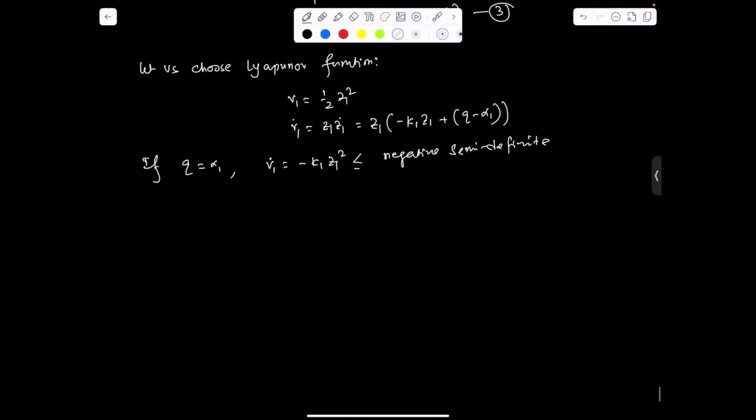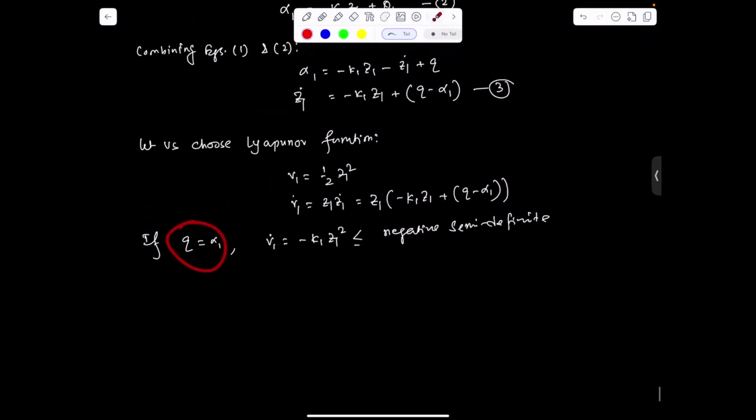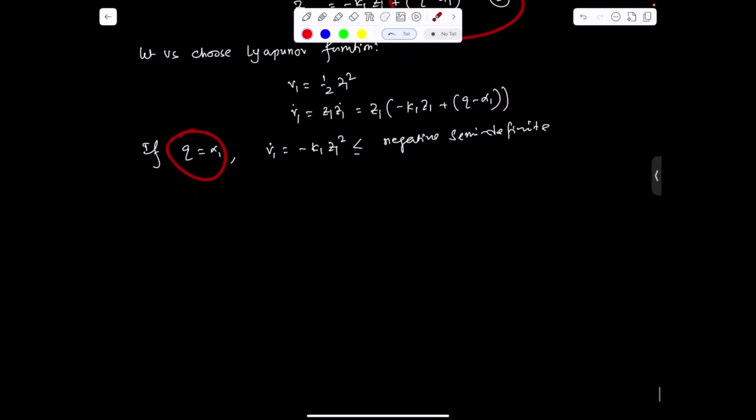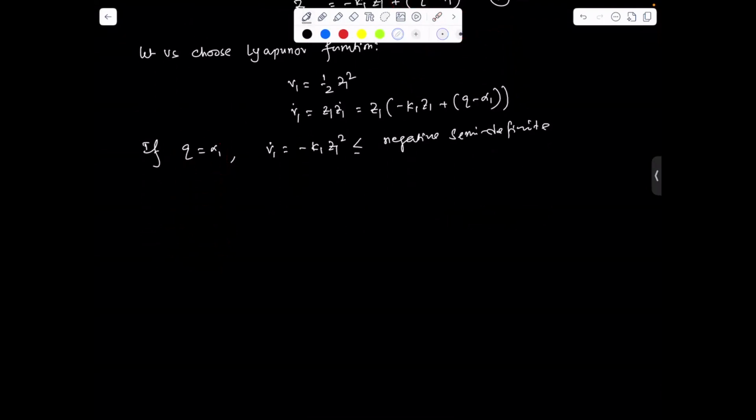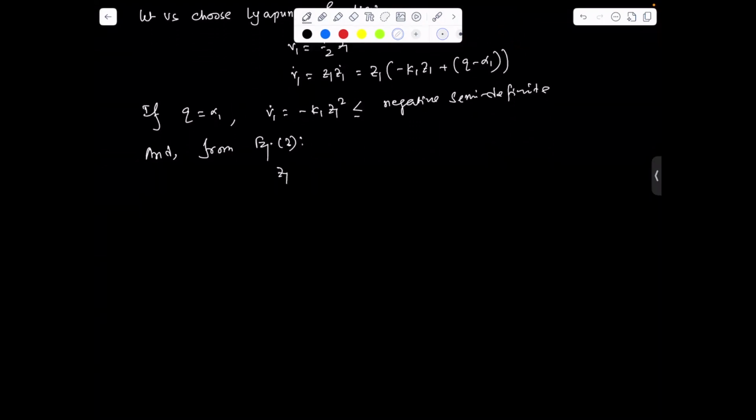And if you use this condition in equation 3, we can write z1 dot equals minus k1 z1. So this is basically asymptotically stable dynamics.